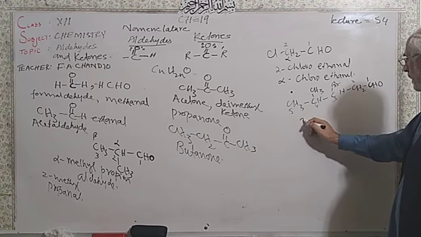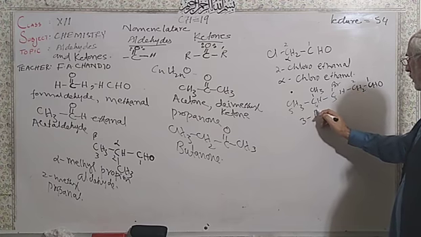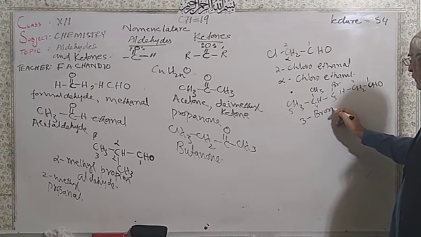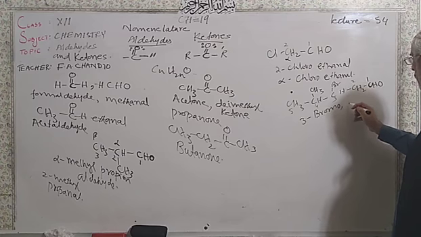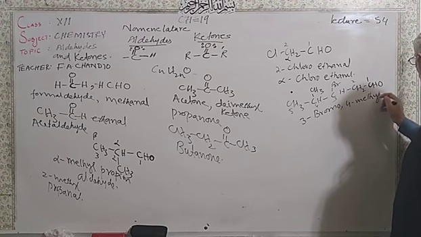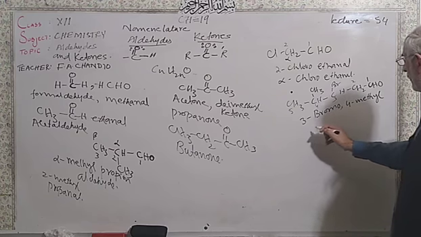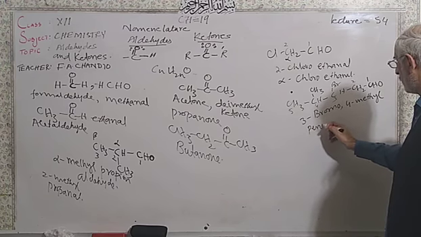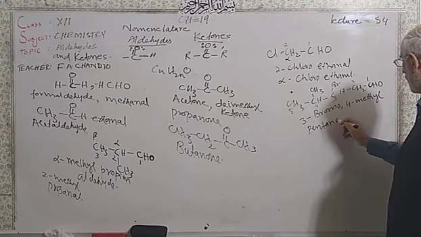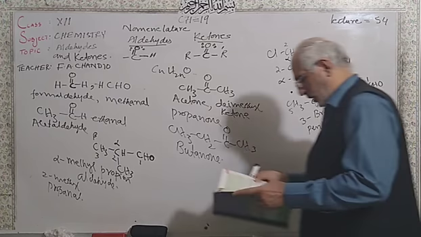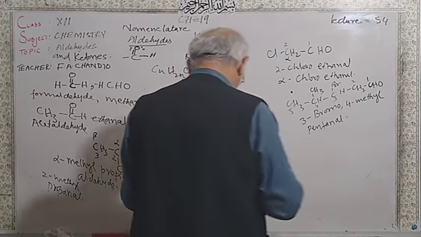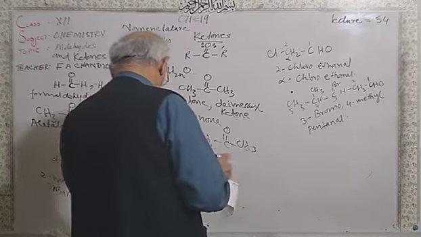Alphabetically, 3-bromo, 4-methyl, 3-bromo, 4-methyl pentanal. This is the nomenclature of aldehydes.